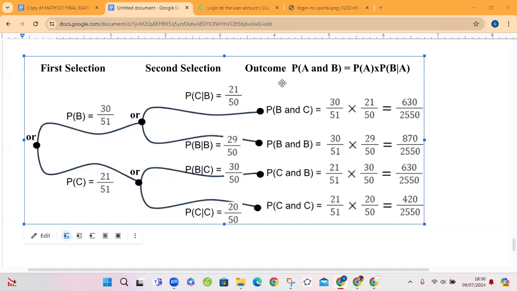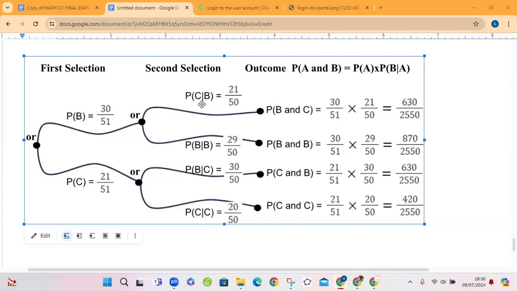So here it says, if it is a berry she selected in the first selection, or after having selected a berry, the probability of her selecting a cherry is 21 over 50. Bear in mind, I'm stressing the word if. If is an important word in probability analysis. It has its own symbol, which is that vertical line.